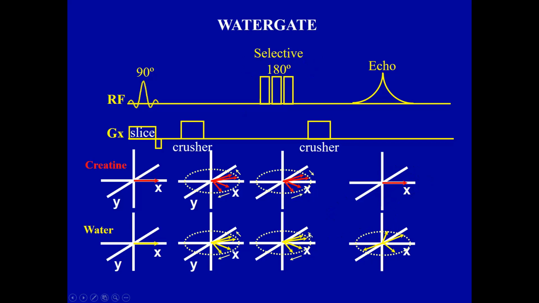Water did not see the 180-degree pulse, and it continues to spread out under the influence of this crusher. So for creatine, we tip into the XY plane, then we flip 180 degrees, and then we rephase, and there's a creatine signal. For water, we tip into the XY plane, we dephase, and we dephase some more, and the magnetization is wiped out. There's no signal.